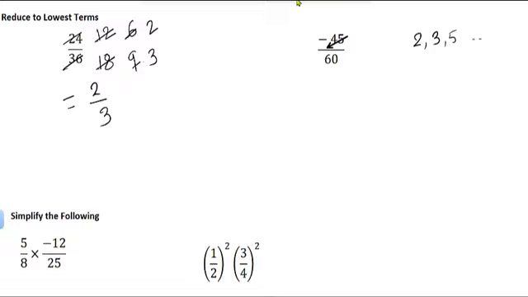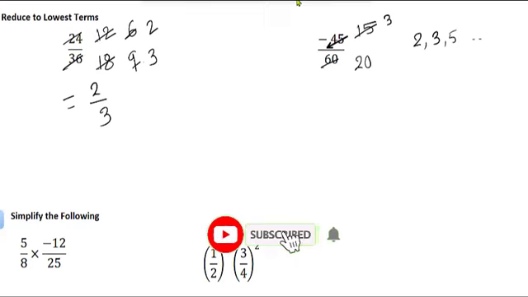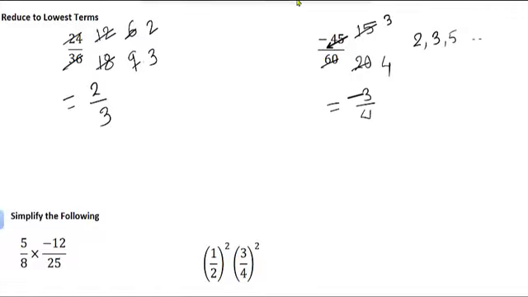So 3 times 15 is 45, and this is 3 times 20. Now these two numbers are divisible by 5: 5 times 3, and then 5 times 4. So the answer is negative 3 divided by 4. Right?